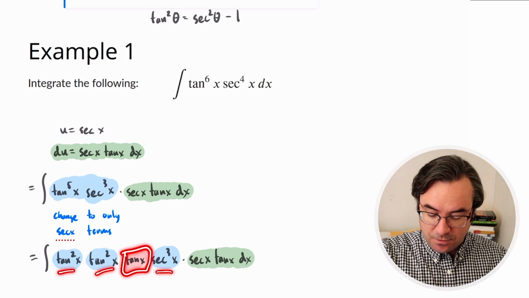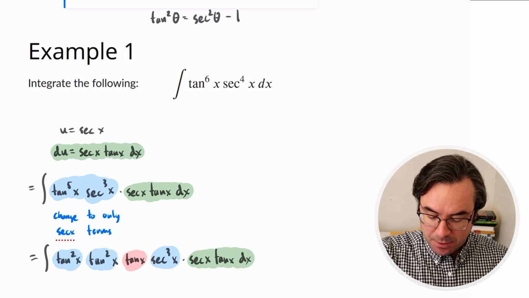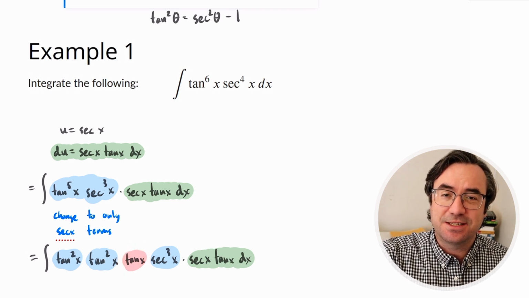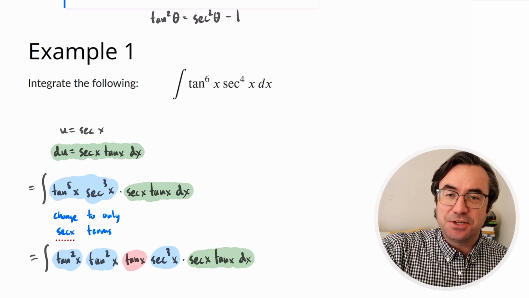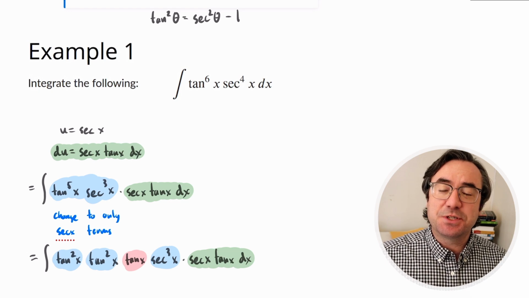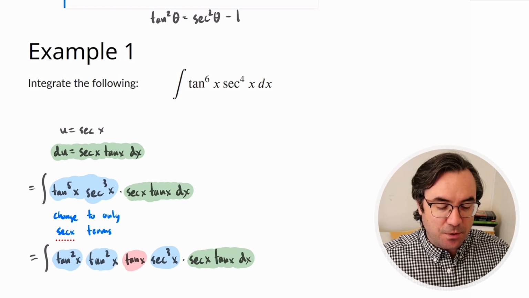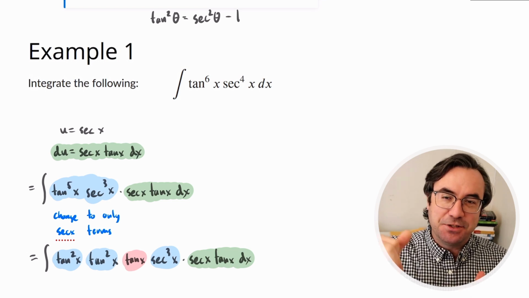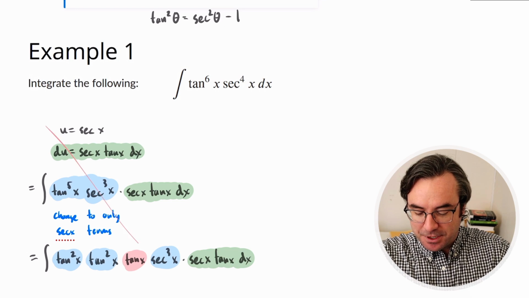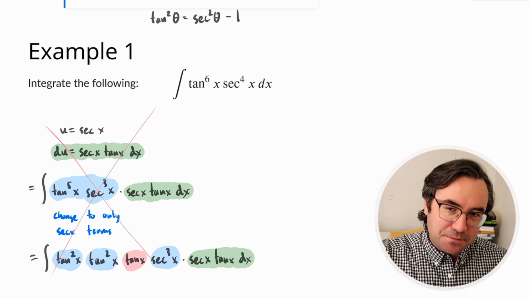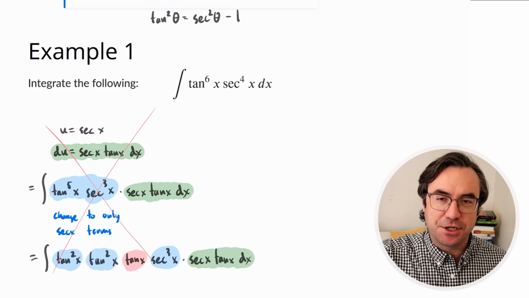We're able to get almost everything here, but we're not able to get rid of that one tangent that's left. So this is an indication that this substitution isn't going to work out for us. So back to the drawing board. So we're going to cross all that out. So let's try the other substitution.